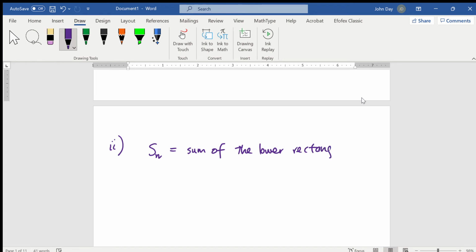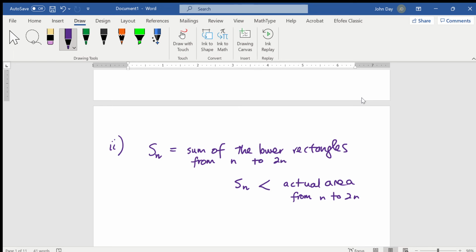Now, Sn, the sum of the lower rectangles, is less than the actual area from end to end. We know that.